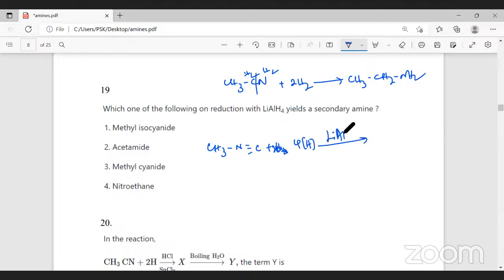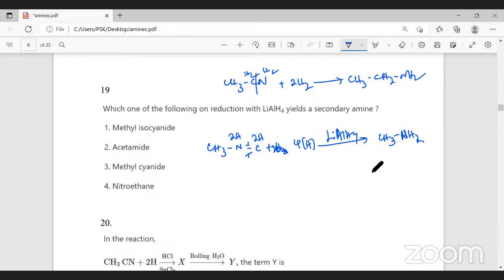Lithium aluminum hydride is a strong reducing agent. So 2 hydrogens attack nitrogen, 2 hydrogens attack carbon. So 2 pi bonds will break. So we get a molecule CH3, sorry, it's not NH2.